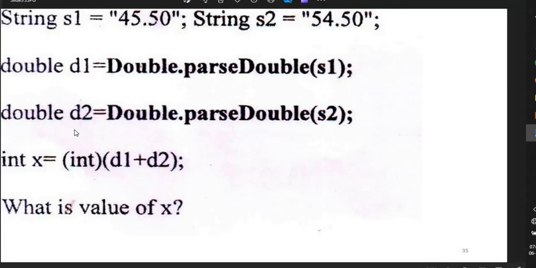Next we add those two values. So 45.50 plus 54.50 equals 100.00. But there is an explicit typecasting by integer within the first bracket. So 100.00 becomes 100 and is stored into variable x, which is an integer data type. So the value of x is 100.